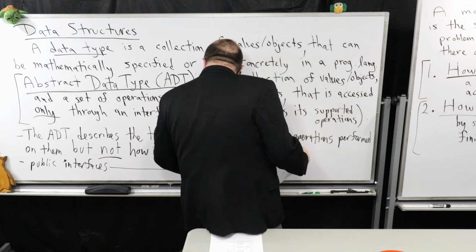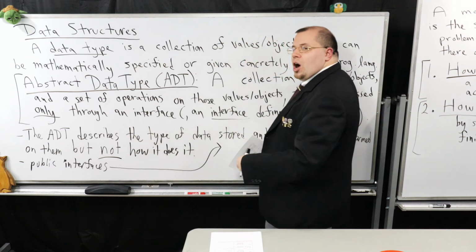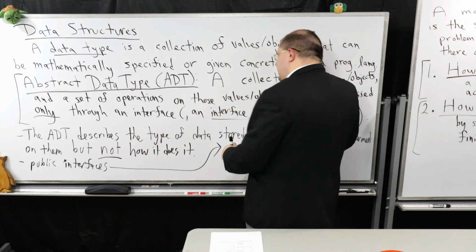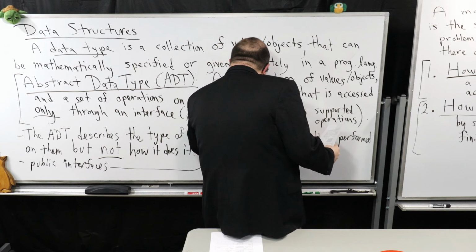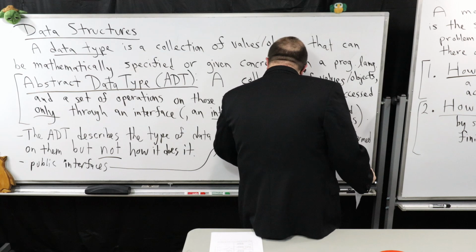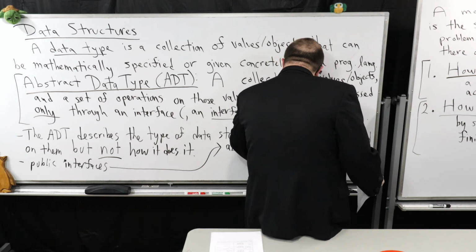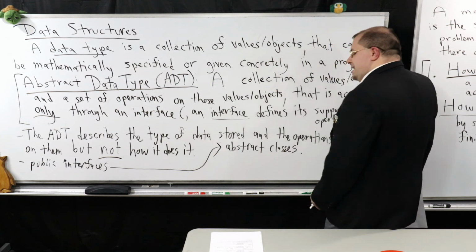So the way you'd obtain one of these interfaces, a common mechanism for doing this, is through the construction of so-called abstract classes. So what is an abstract class?